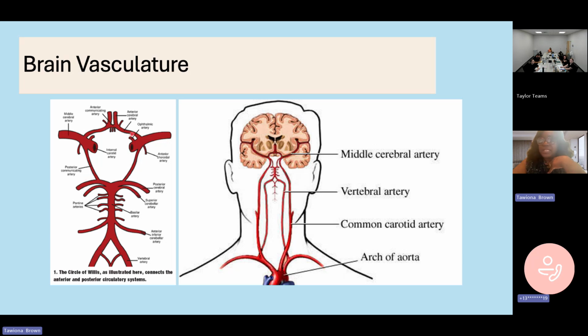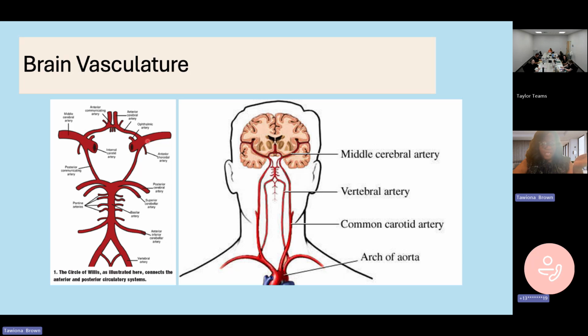The circle of Willis is pretty much comprised of the middle cerebral artery. It's larger here. Middle cerebral artery, and then you have the connector to the anterior cerebral artery. The connector is the anterior communicating artery. You have two of them, one on each side.